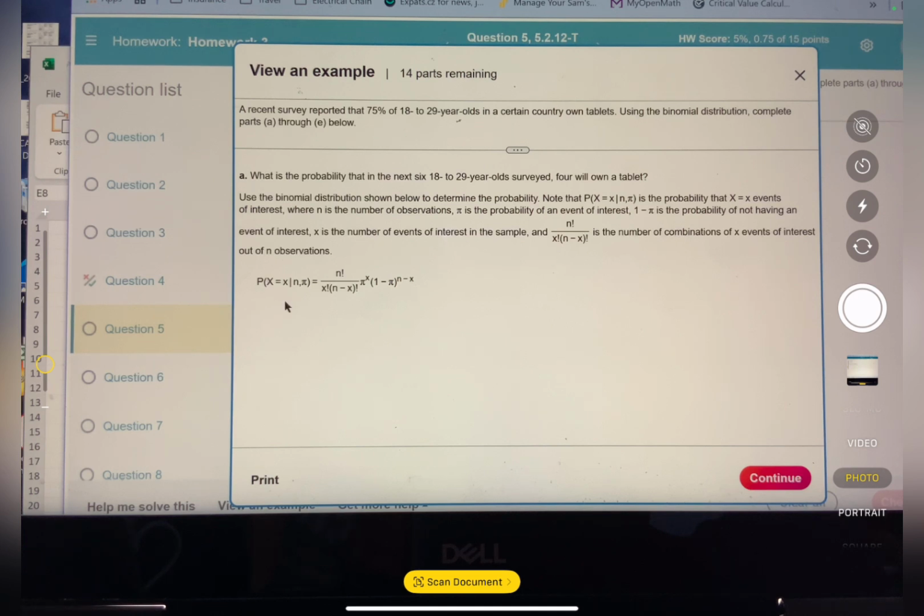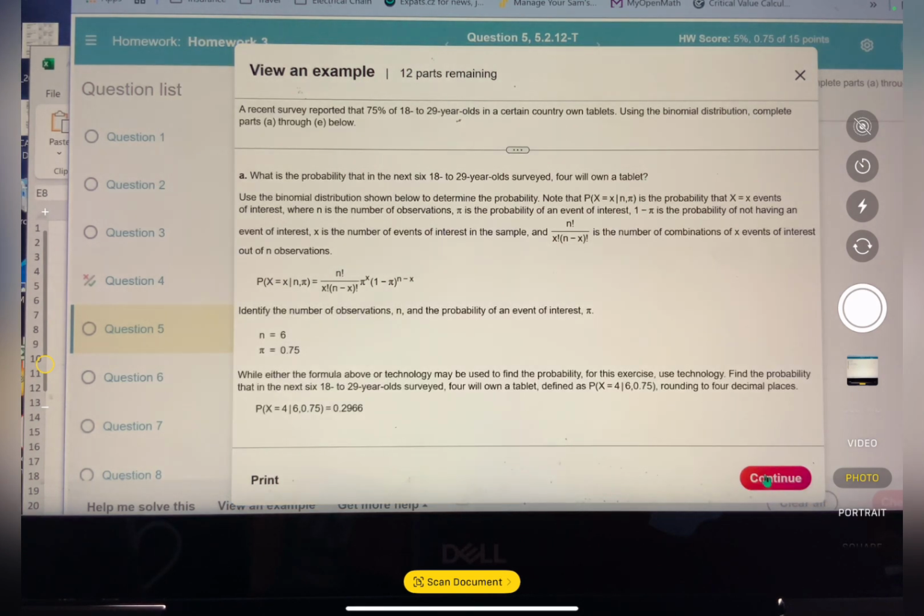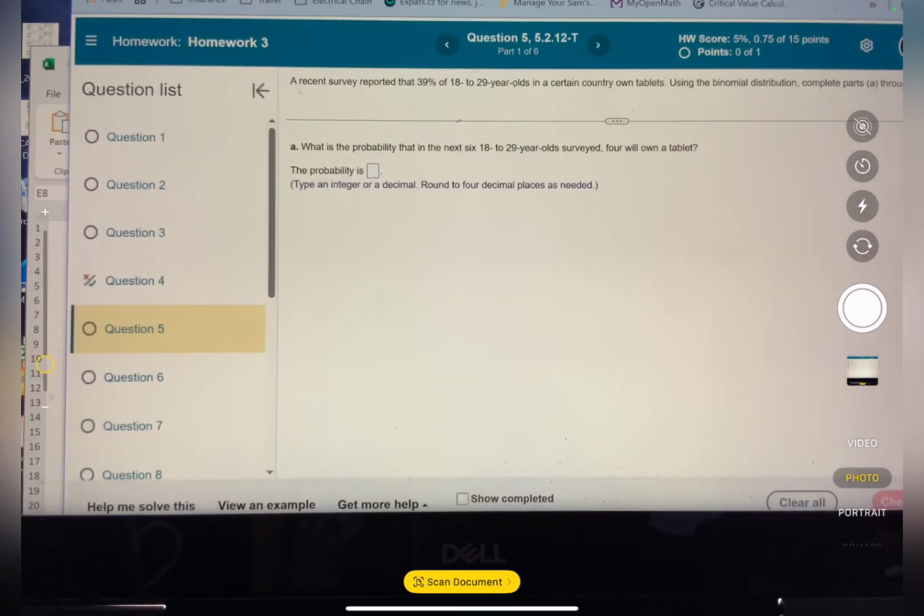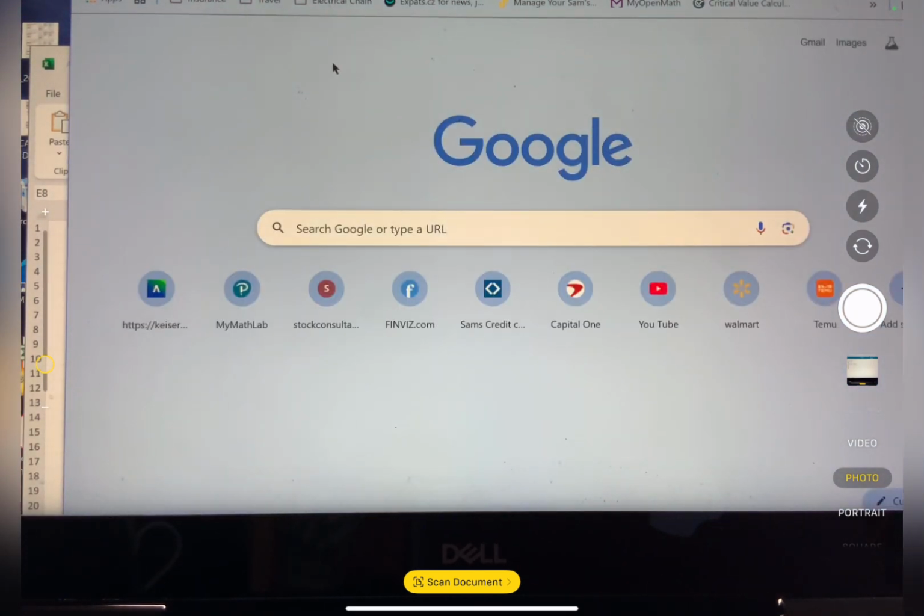Here is our formula, n factorial. You know what, so as not to go through this long calculation, I can give you the link to a calculator that's going to calculate for you. Let me find it here. One second.